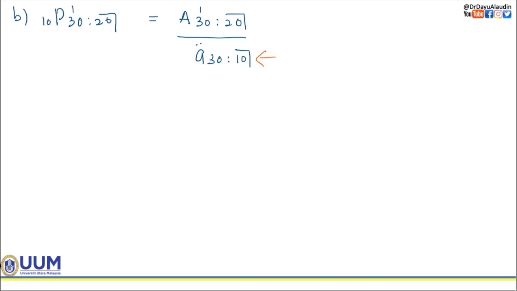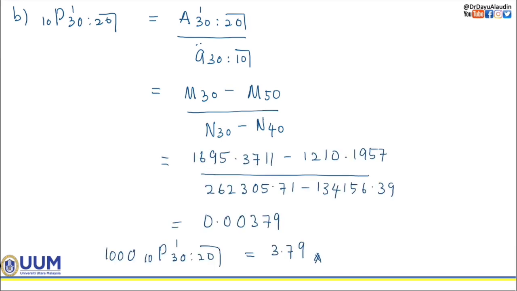For the annuity we have to use the number of payments of premium. Then we convert in terms of commutation function, and we refer to the table and we get RM3.79. So for A, we have RM1.83 and for B, we have RM3.79.